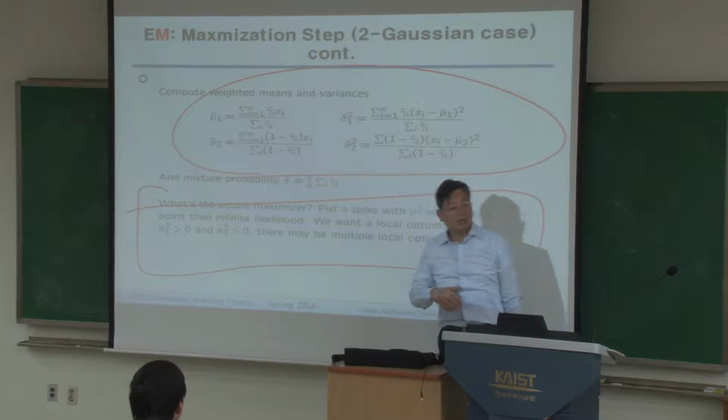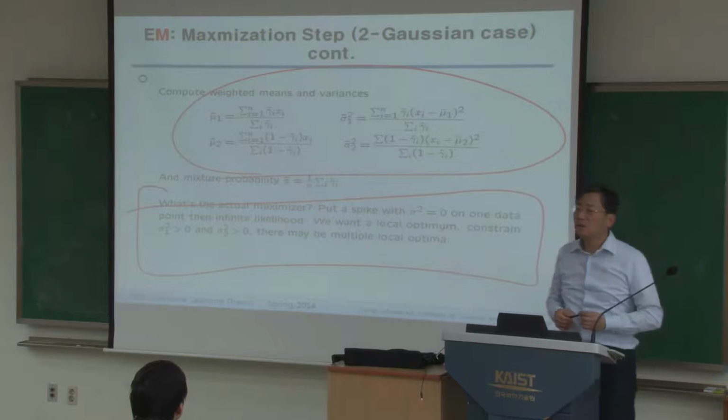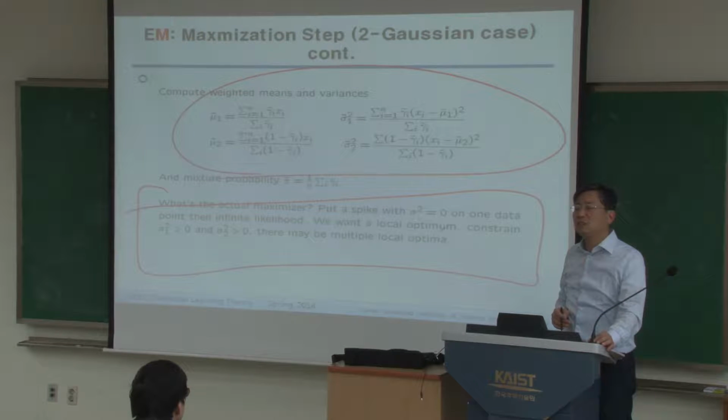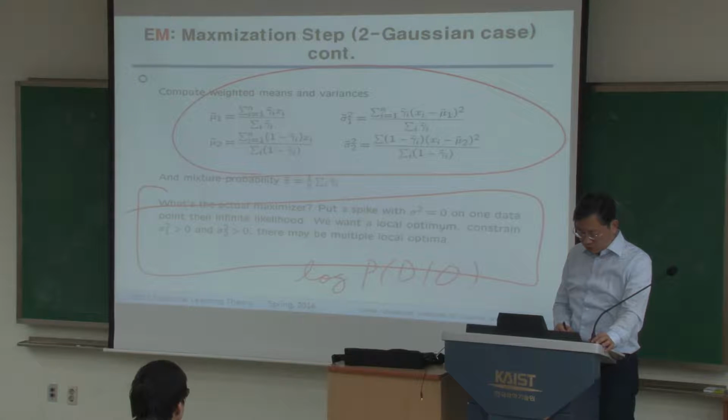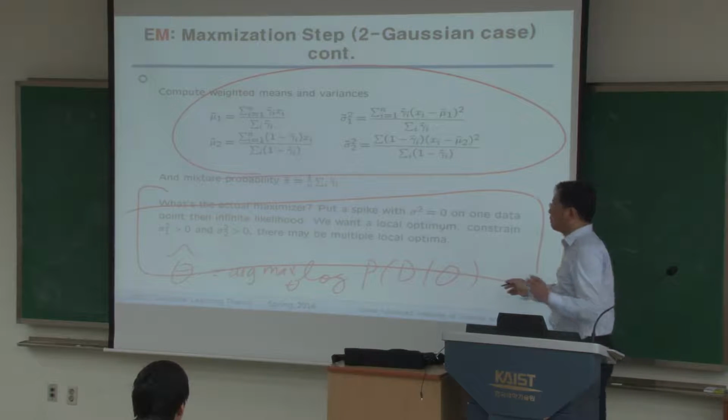Let's say there is no unique solution. This is maximum likelihood.